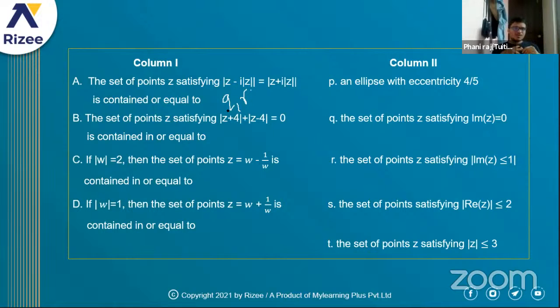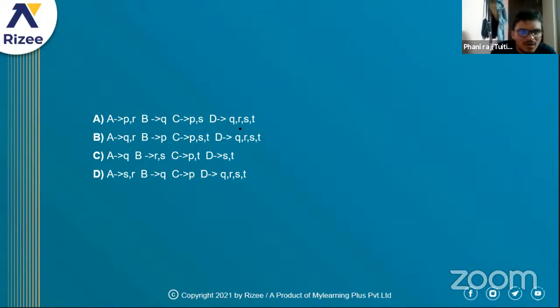The locus of all the points for which the sum of distances from two different points is same. I think it should not be 0, it should be something else, maybe some eccentricity or something. Obviously it is an ellipse. Rest all cannot satisfy, because it's known that the locus of all points for which the sum of distances from two fixed points is fixed is an ellipse. So obviously this should be P. Can we eliminate any options? Q comma R and P. Oh, I think option B is the answer, because Q comma R and P is only coinciding for that. But anyway, let's solve other questions.